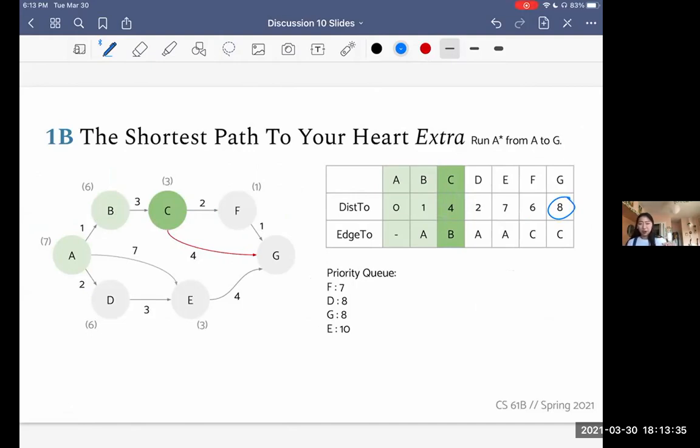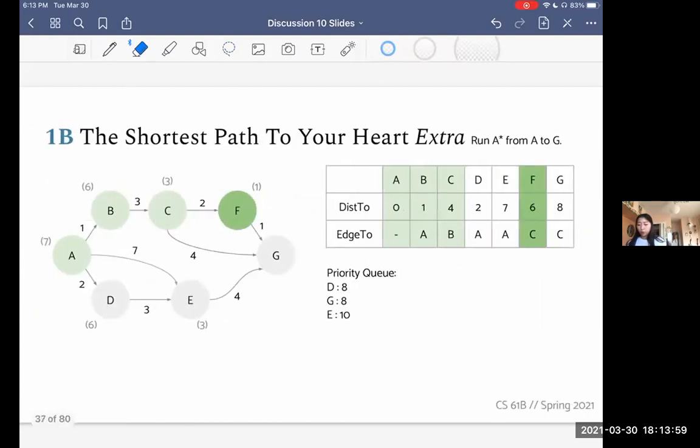G is 0 distance away from G. And so our priority in the Q is going to be the distance to G, which is 8, plus our heuristic of how long it is from G to G, which is 0. And so this gives us a priority of 8 for G in that Q, right? And now we've looked at all of these children, so we can move on to popping the next thing off the Q.